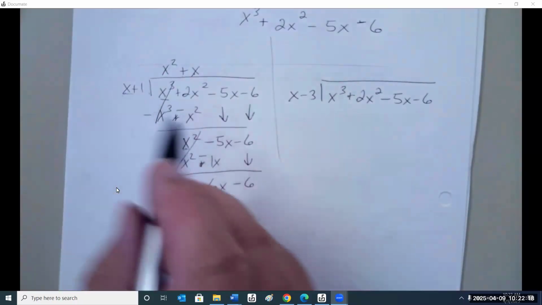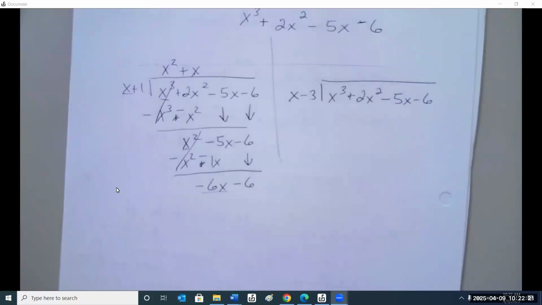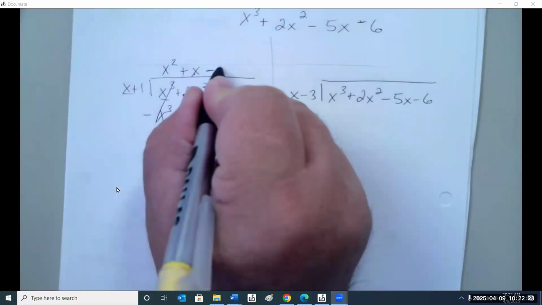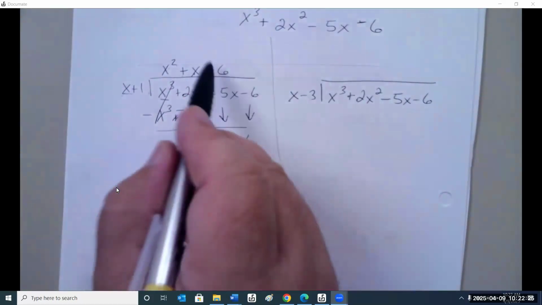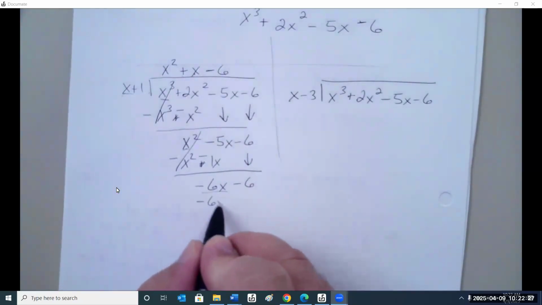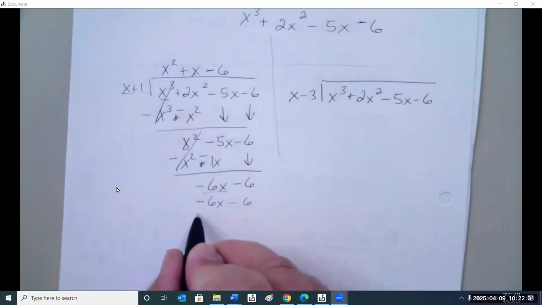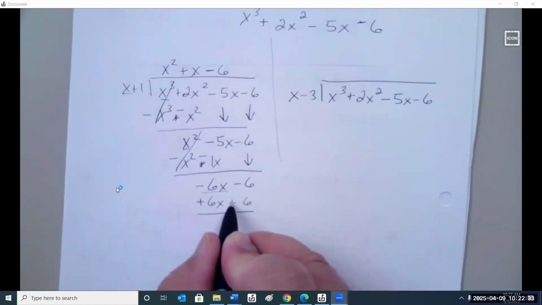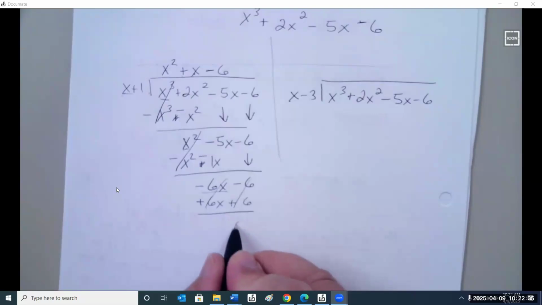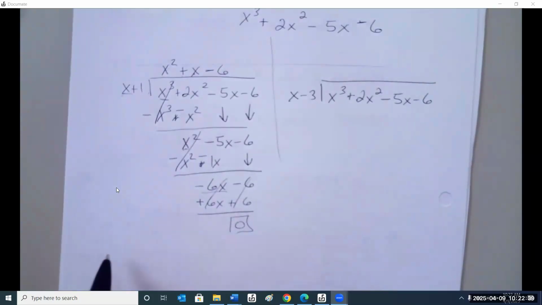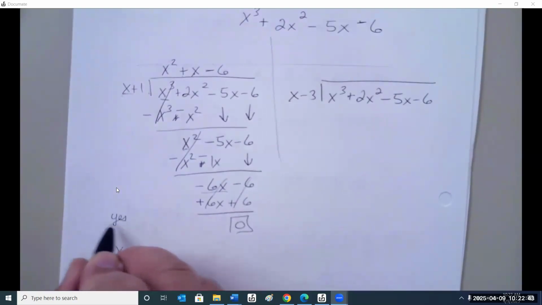So what times x gives me negative 6x? Now it's a negative 6. So negative 6 times x is negative 6x. Negative 6 times 1 is negative 6. Change the signs and add. The remainder is 0. Yes, it is.